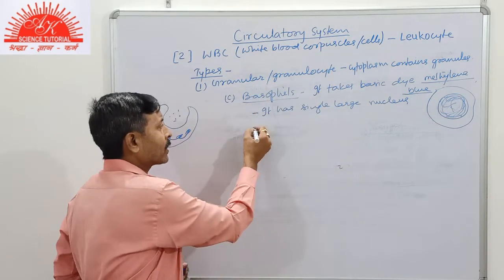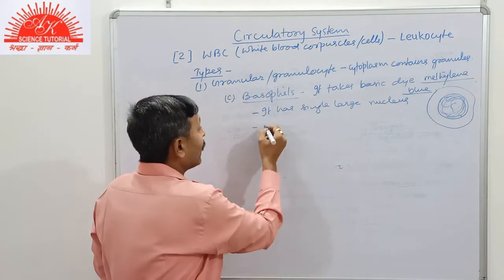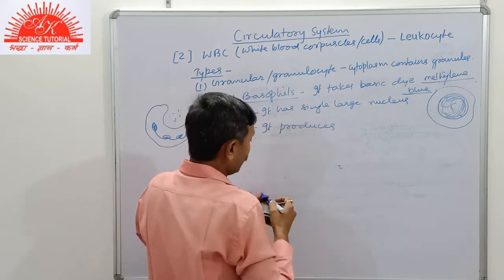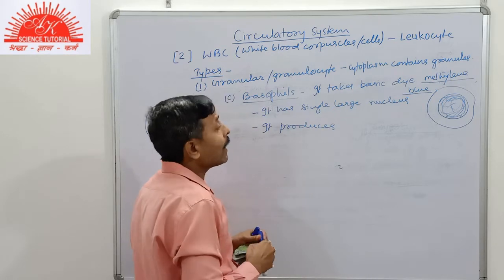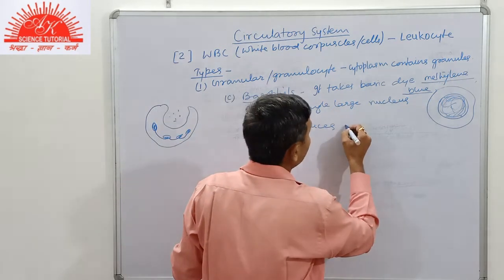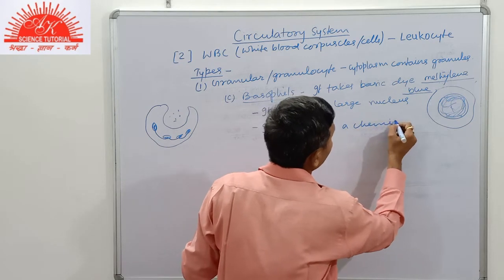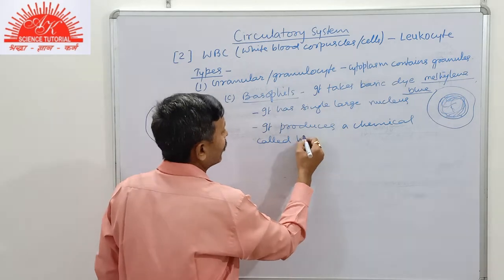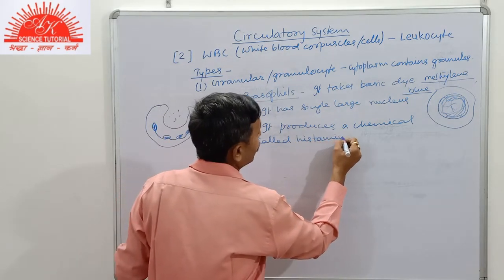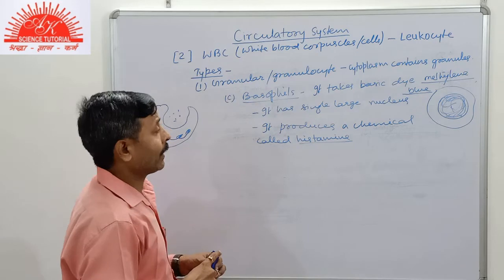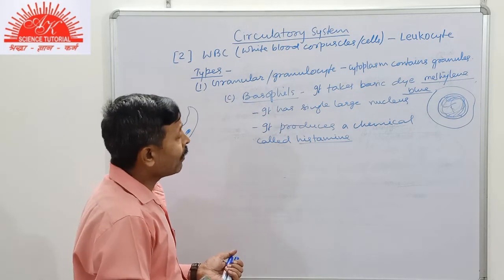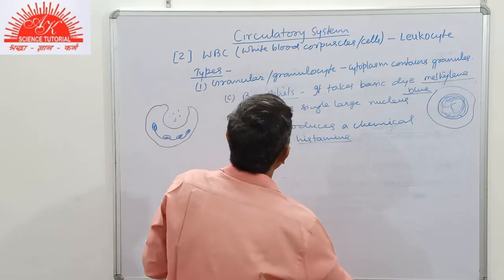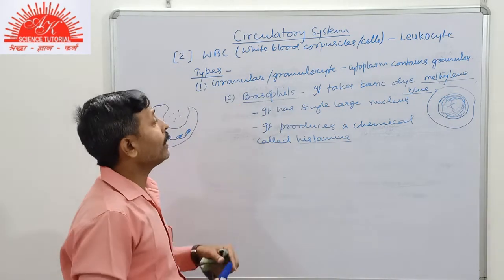Now next, related to its function, it produces a chemical called histamine. Wherever there will be a technical term, we must remember to underline, because the question is asked directly: name the chemical substance produced by basophil.